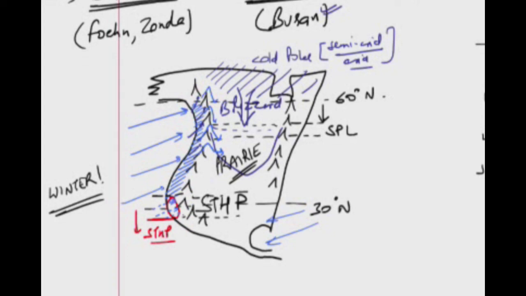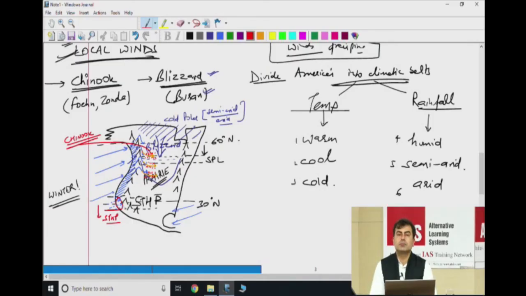Remember, sinking air warms up, and when these warm air streaks enter the prairies, which are frozen, what will it do? It will melt the prairies. Wherever this wind goes, it will melt the frozen prairies. This warm air is called Chinook, another local wind. Hear that?